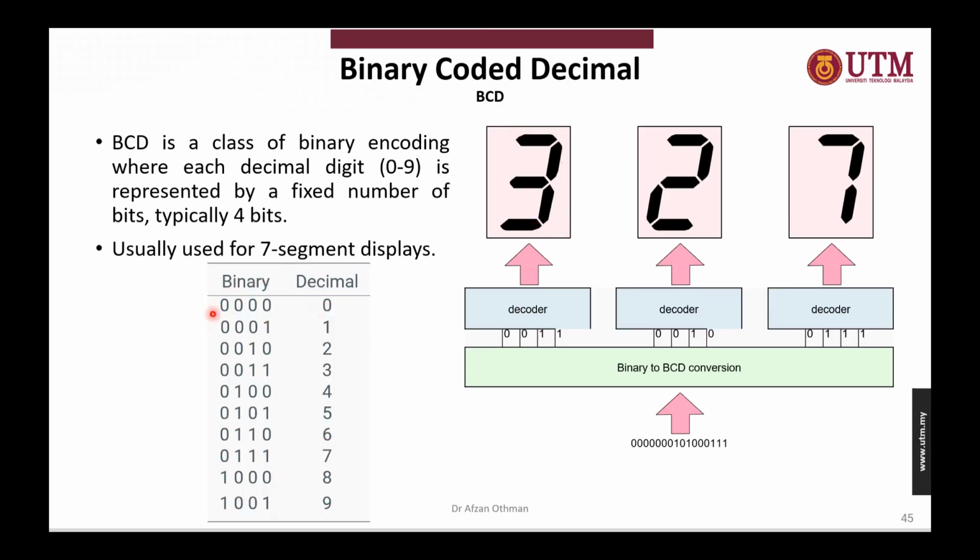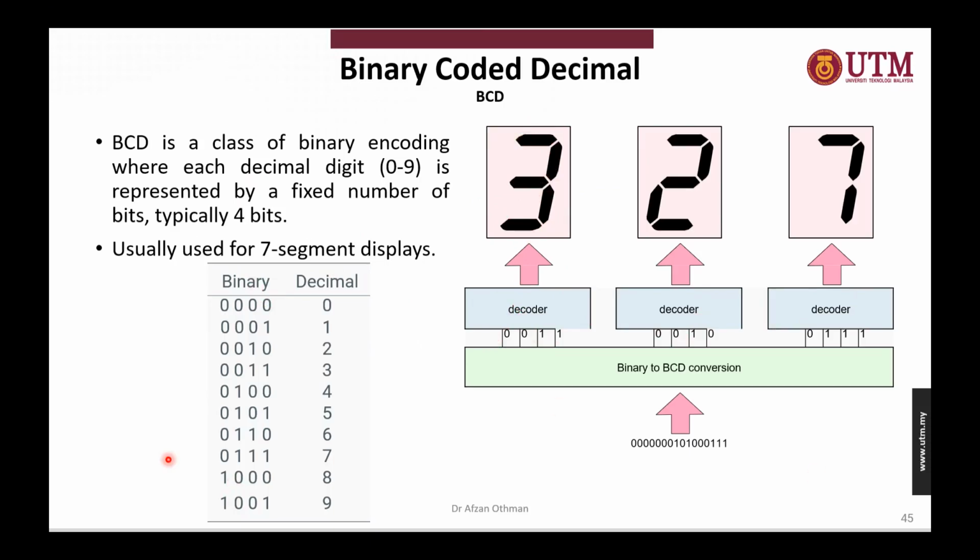In order to display 0 on this 7-segment, we need to give 0, 0, 0, 0, and it will display 0 on the 7-segment. But of course, in order to use binary coded decimal, we need a decoder. This decoder translates the code that you give into signals that drive the LEDs of the 7-segment.